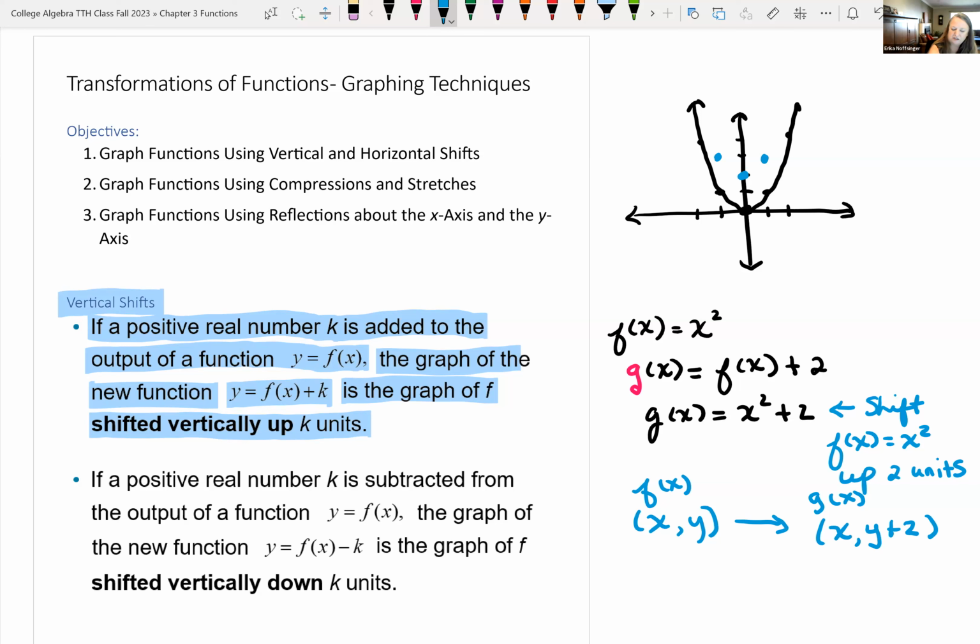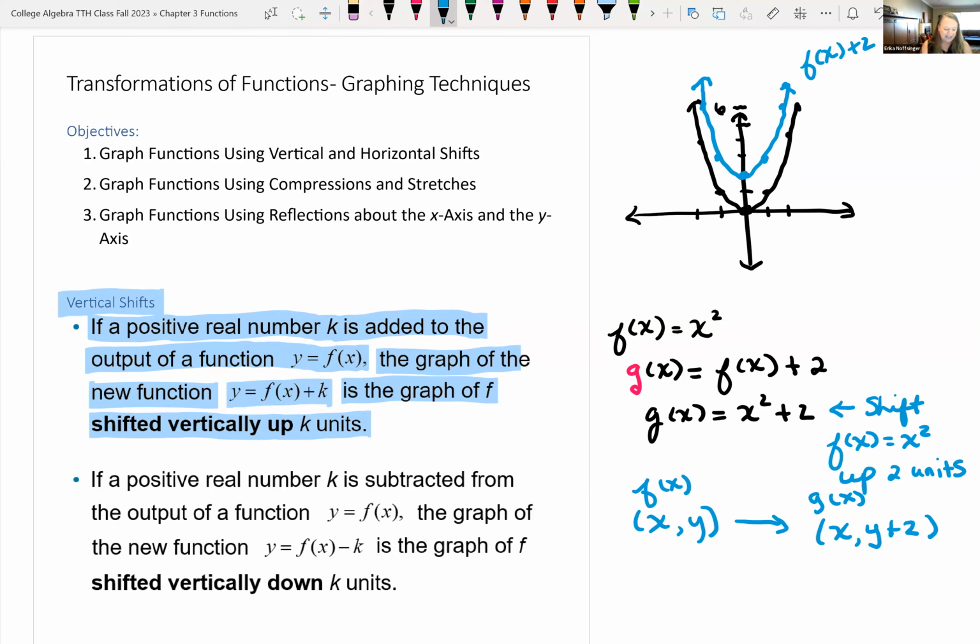My point 2, 4, shifting it up 2 units, is going to be 2, 6. -2, 4 would become -2, 6. So this is our graph of g of x, which is f of x plus 2.